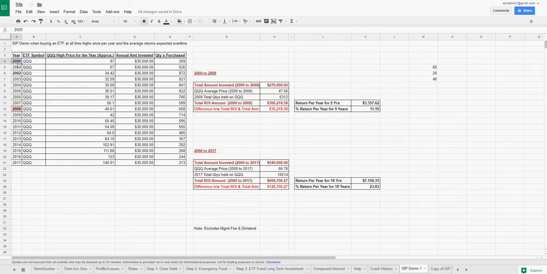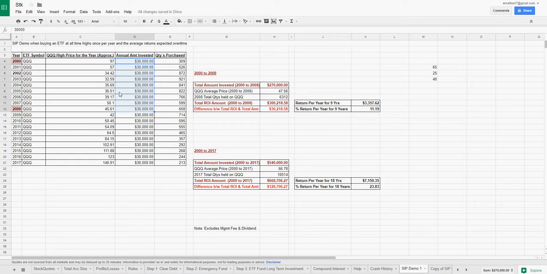So going back to the same point again, 2000 was the period where the IT bubble burst. So from 2000 to 2008, how did I do? Total amount invested came to 270k. From here to here, 270k was the total amount invested.